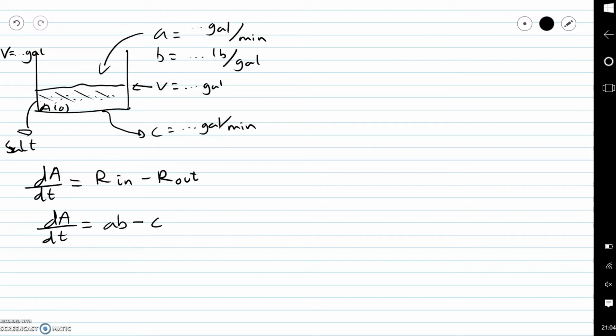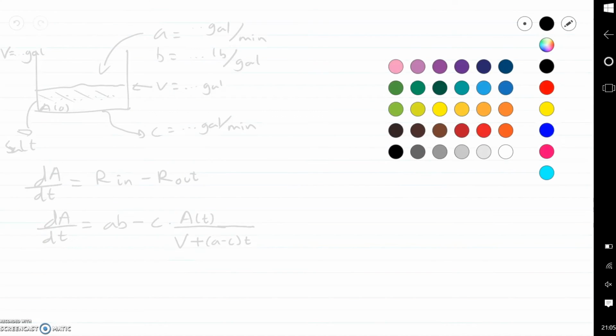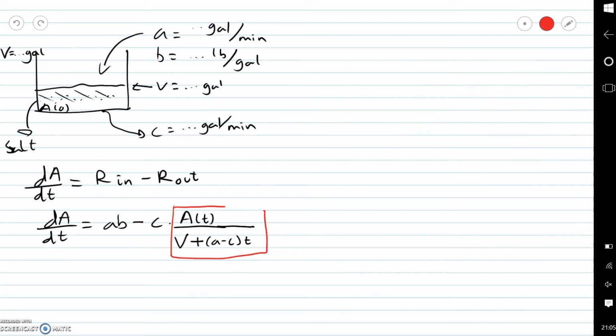So dA/dt equals rate in times C in minus rate out times A over V0 plus (r in minus r out)t. That is the general equation.